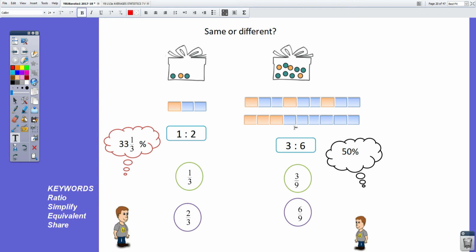We've got 6 blues out of 9 in total. Again, different ways of saying the same thing. 50%? No, we haven't got 50% of anything here. We've got 1/3 and we've got 2/3, but not 50%. Okay, moving on.